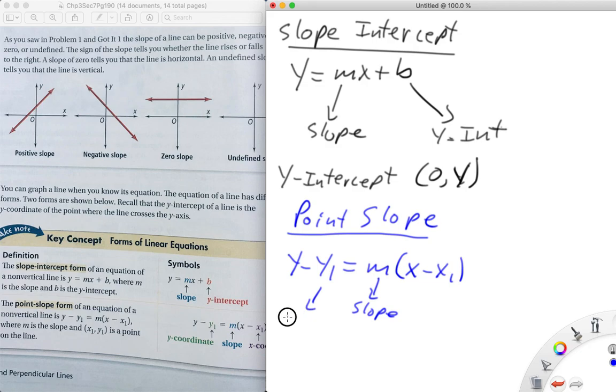Here you have the y coordinate. This is for a given x1 and y1. You have the y coordinate, and you have the x coordinate.